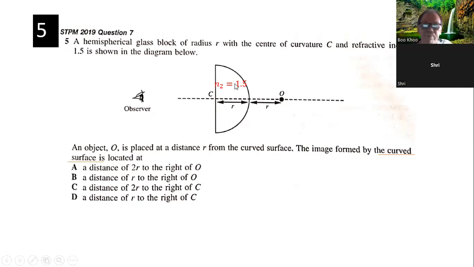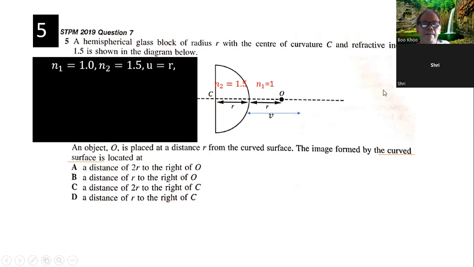Right, N1 is where we have the object. That's your N2. Right, N1 is 1. So that's your V. Right now, N1, N2, U. That is your U. Right, that's your object. So it's R. I want to find V. Use the formula there.